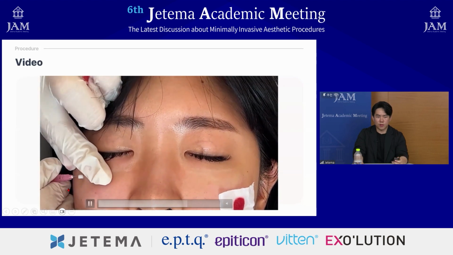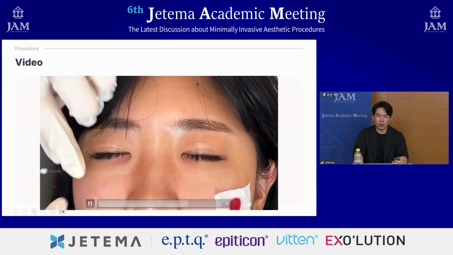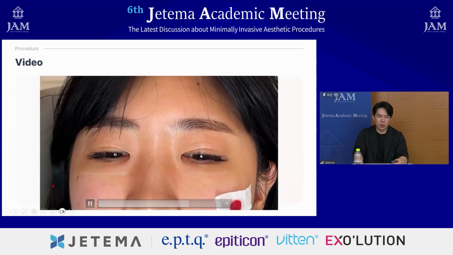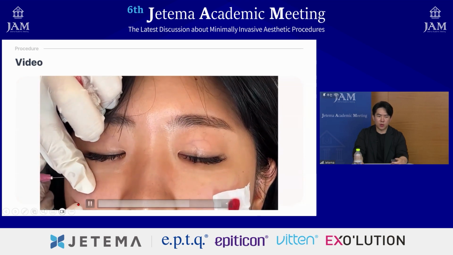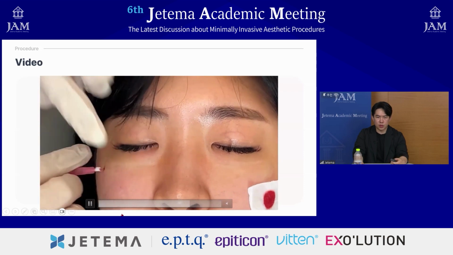On this one is a different type of thread. This is a mono thread with a cannula type. I use it to decrease the fat layer, and I'm going to tell you after the procedure.